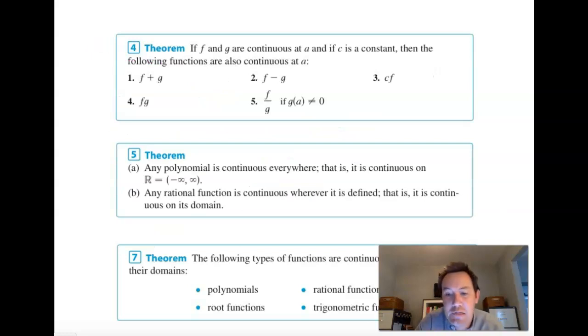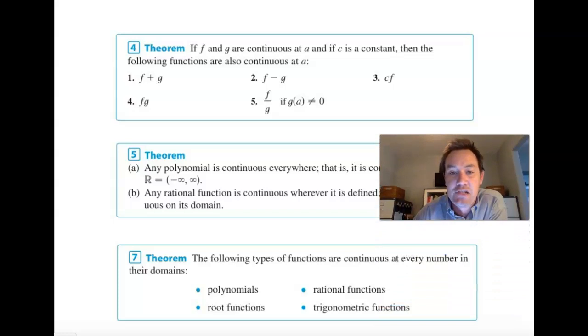Okay, a couple theorems here. If you have two functions that are continuous at A, and if C is constant, then the following functions are also continuous at A. So basically any arithmetic you do to continuous functions by combining them, through addition, subtraction, multiplication, or division, you will get a new function that is also continuous.